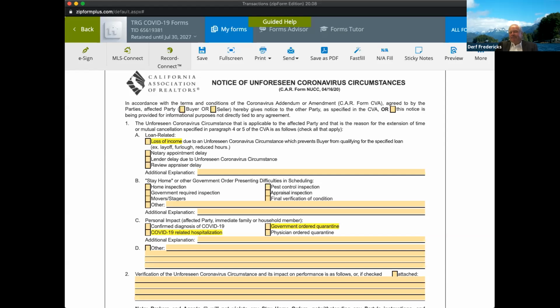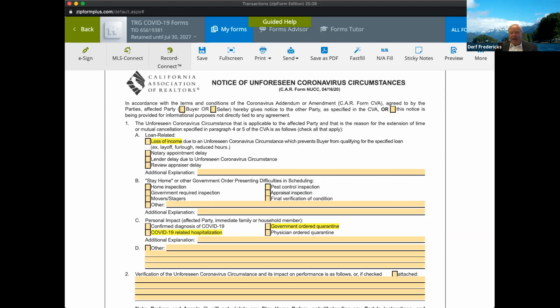So to me, it's more paperwork. You have to explain this to your clients, and it's like, well, why am I signing this? You don't want to spend another half hour going over this form, when the reality is if a buyer can't perform because of COVID-19, or a seller can't sell because of COVID-19, it ain't going to happen.